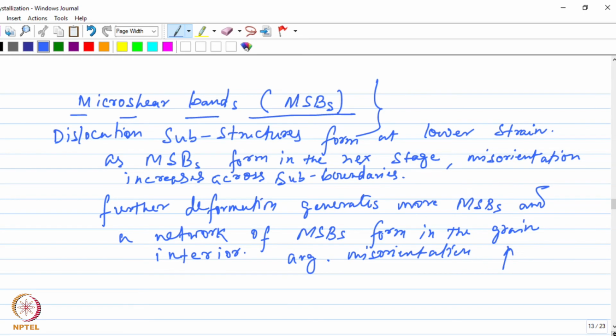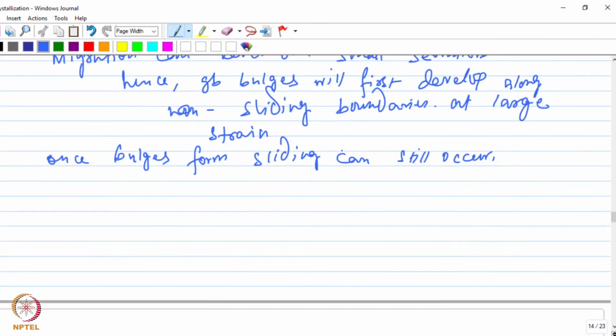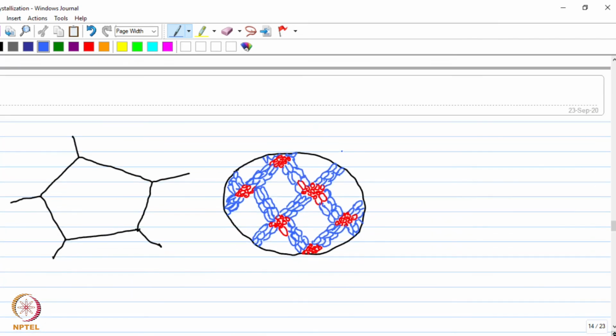Right, so the process can be depicted by this particular diagram over here.